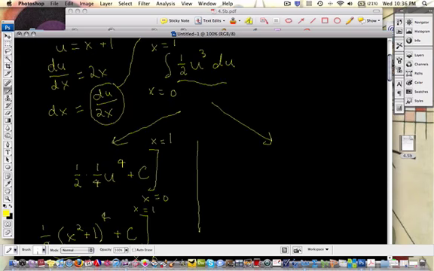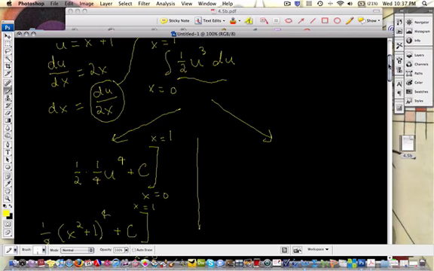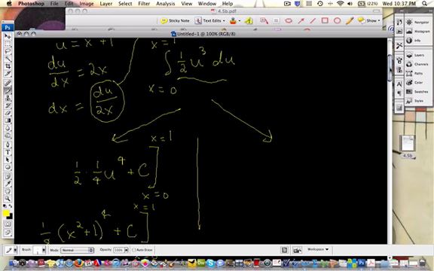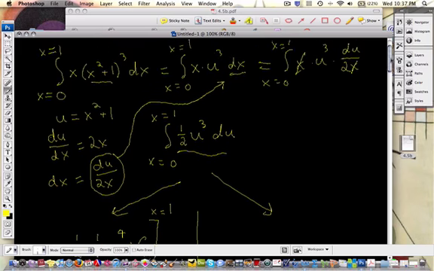So we can go back up here where we split off. What I'm going to do is replace x's with what it is in terms of u. So when x is 1, what is u?